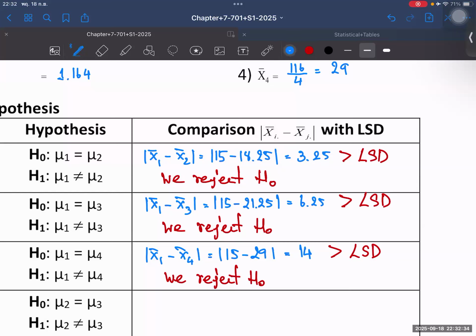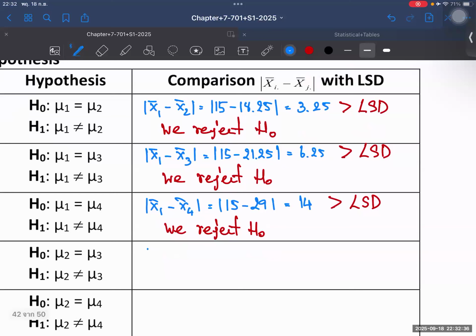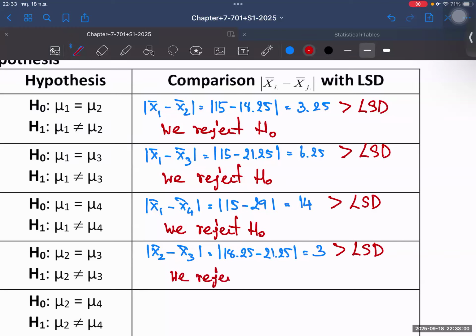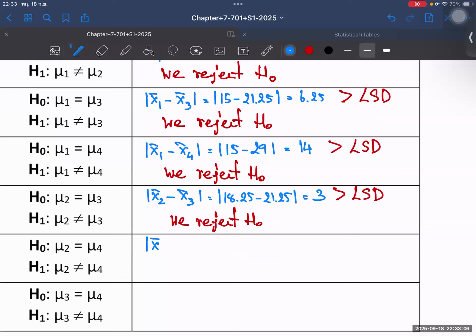So what is mu2 and mu3? Minus. So it's 3. So it's LSD again. So it's greater than. So we reject H0. Now is absolute x bar 2 minus x bar 4, minus 29.